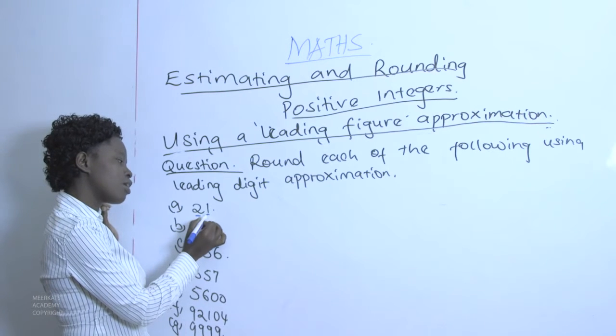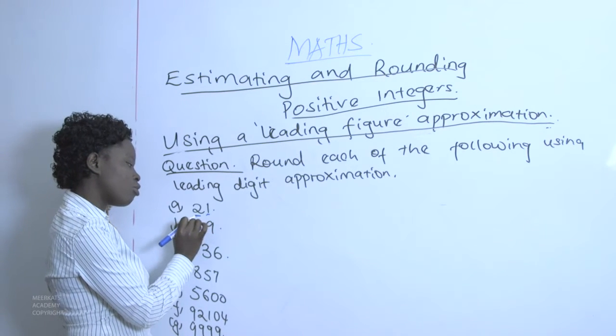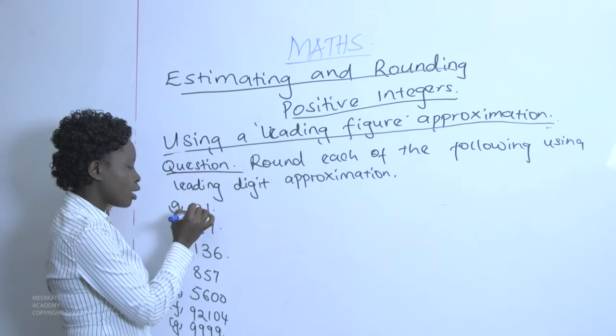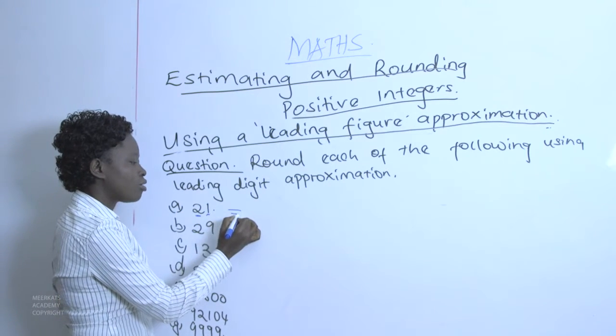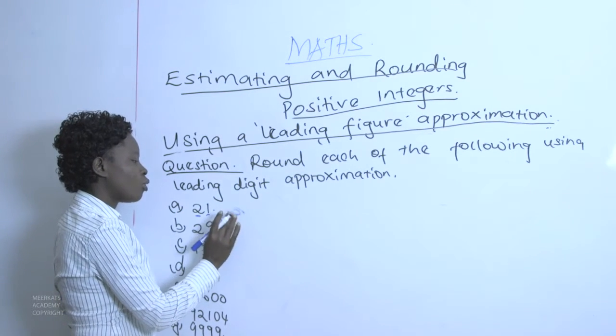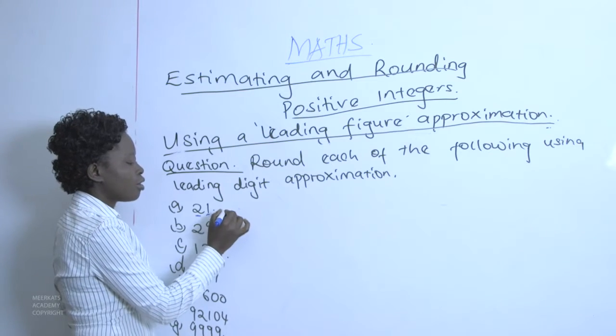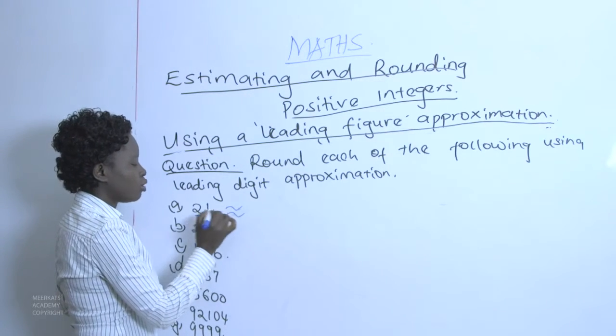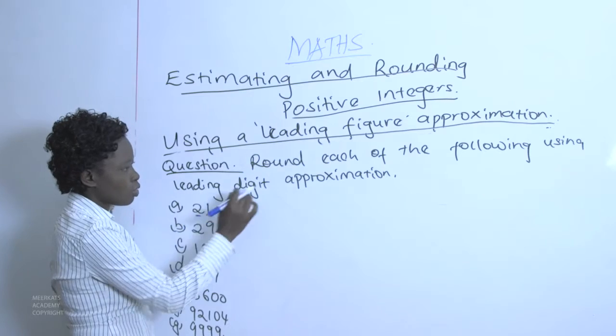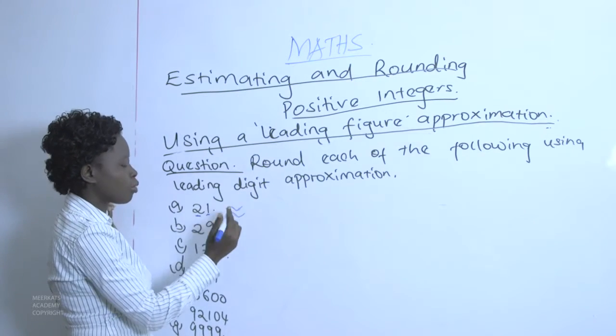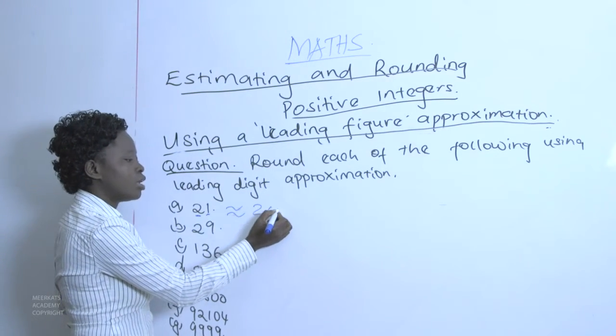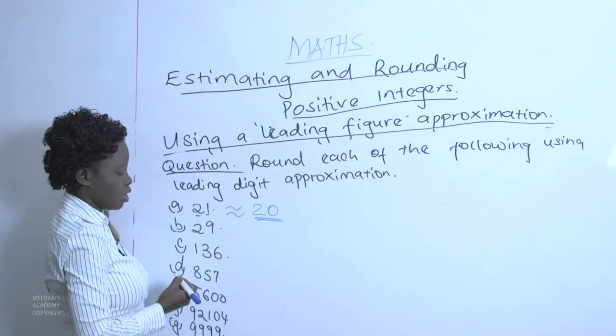So 1 being less than 5, it means it rounds our number down. When we round using the leading digit approximation, we will obtain 20 as the answer.